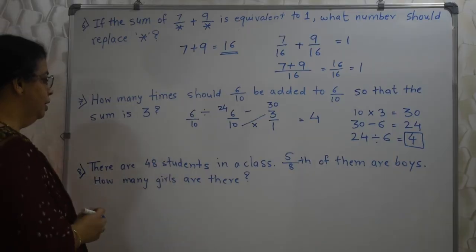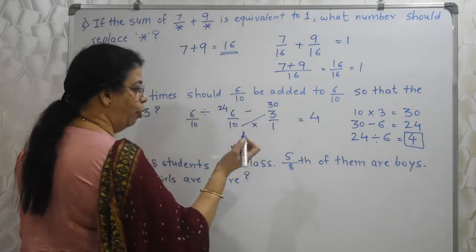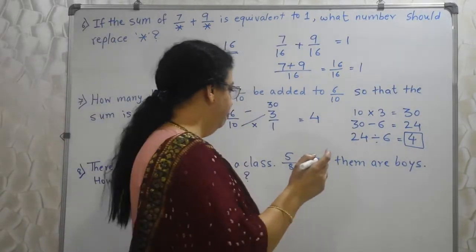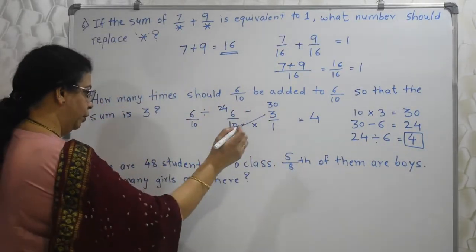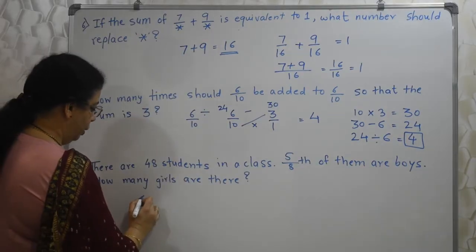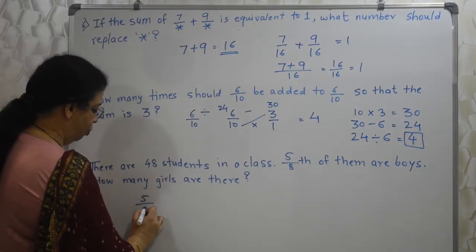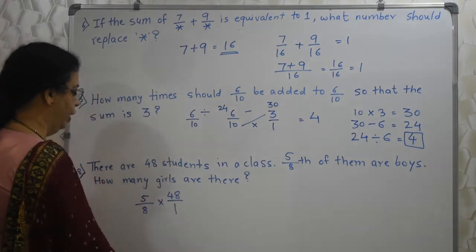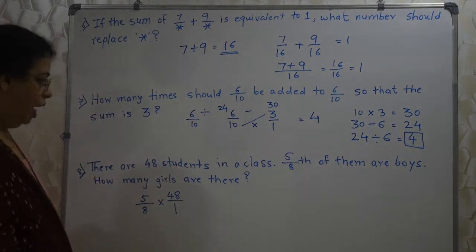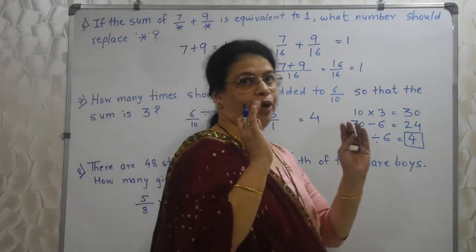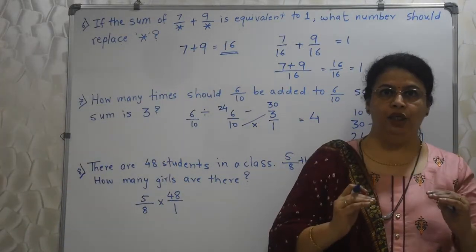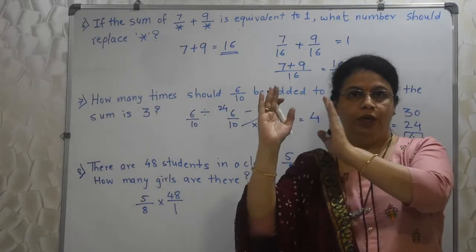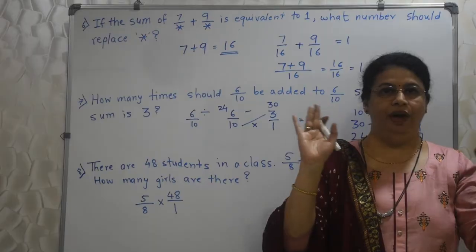Okay. See, 5 upon 8 are boys. This can be solved by two methods. 5 upon 8 of them means total. So how many boys are there? How to find out? 5 upon 8 into total students in a class, 48. Okay. I told you numbers in the numerators and numbers in the denominators we have to divide. No number from numerator to numerator don't divide.